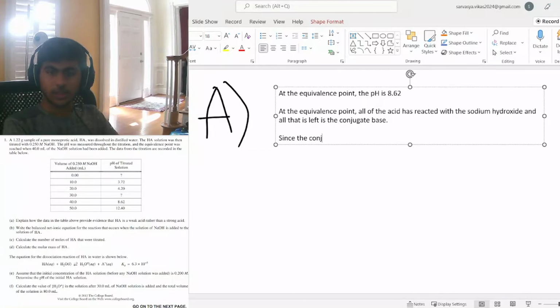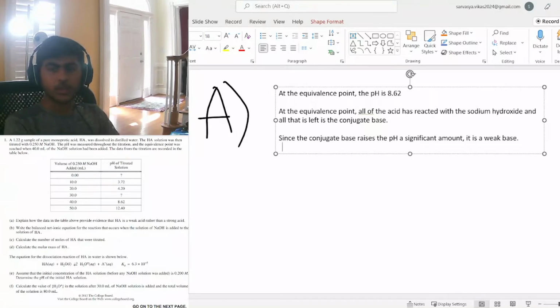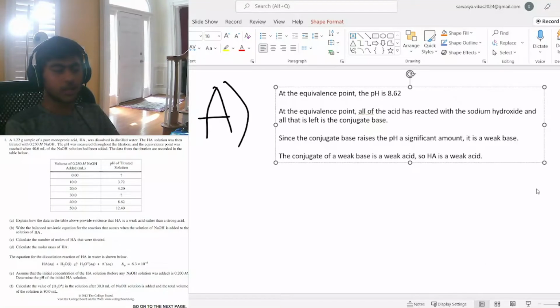Since the conjugate base raises the pH a significant amount, it is a weak base. The conjugate of a weak base is a weak acid. So HA is a weak acid. And that's why. Let's move on to the next part.